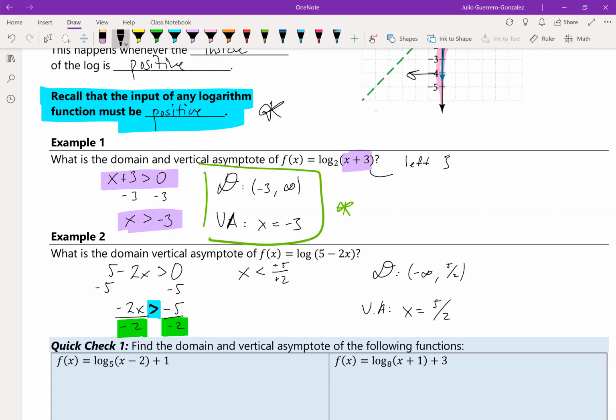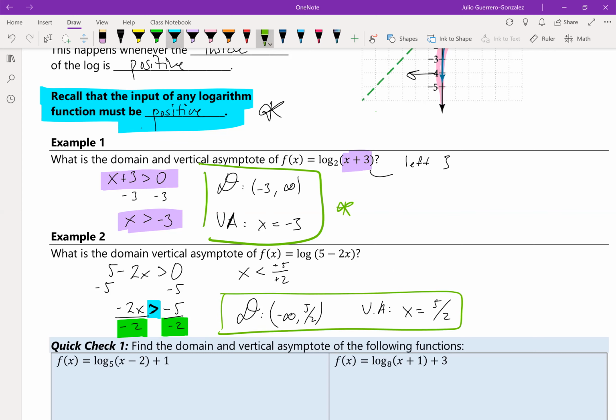So I'm going to rewrite this. Let me move my domain over here. Log of -2x plus 5.